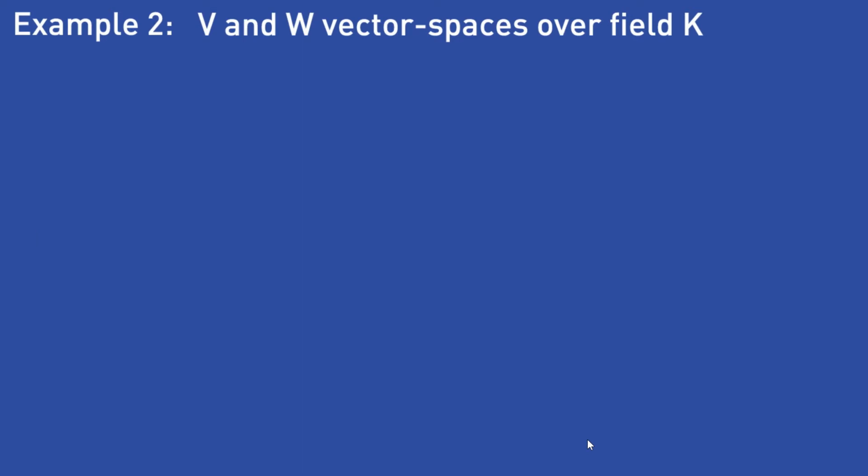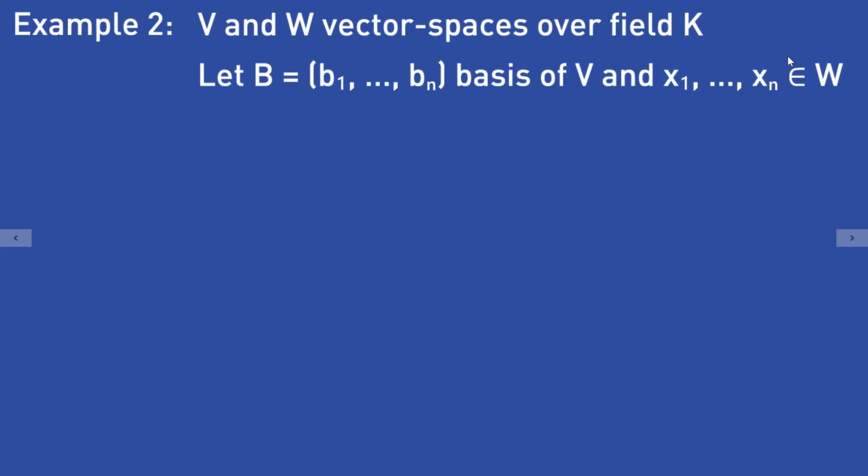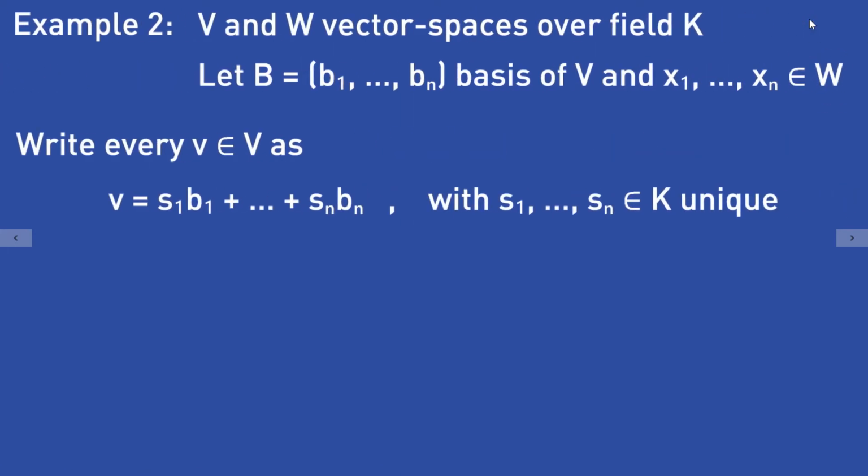So we have two vector spaces V and W over a field K. We have a basis B is equal to b1 to bn of the vector space V, and n vectors x1 to xn in the vector space W. Because B is a basis, we can write down every small v in the vector space capital V as a unique linear combination of the basis vectors b1 to bn.